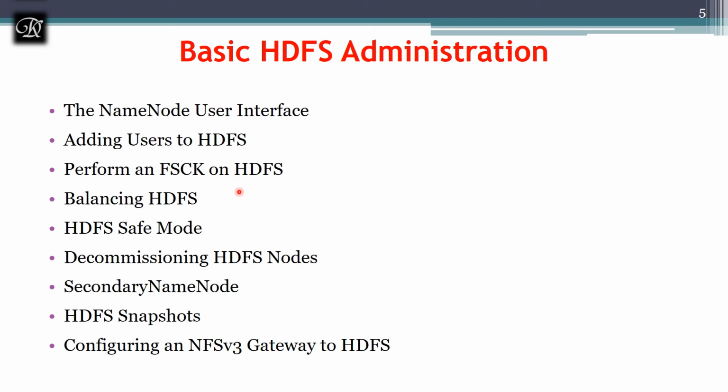For that we issue the hdfs fsck command, and we have to give the path of the directory or file whose health we have to check. If we give only slash, it will check the root directory of HDFS, and if it is healthy, it will report that the file system under the path is healthy.